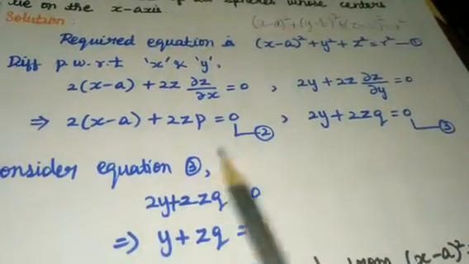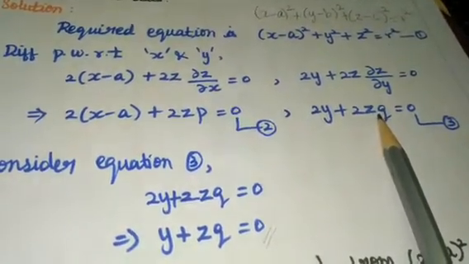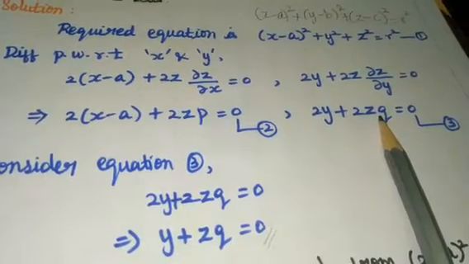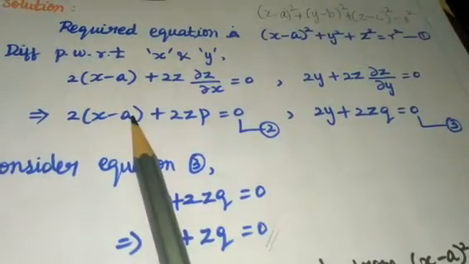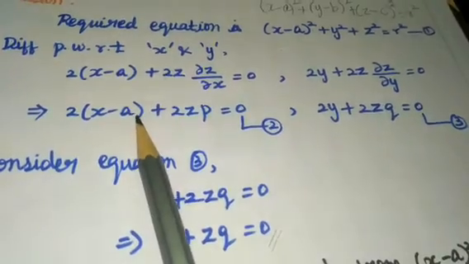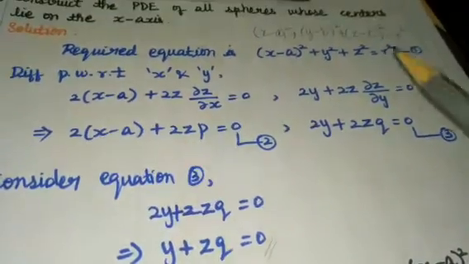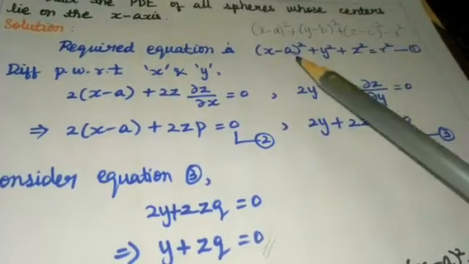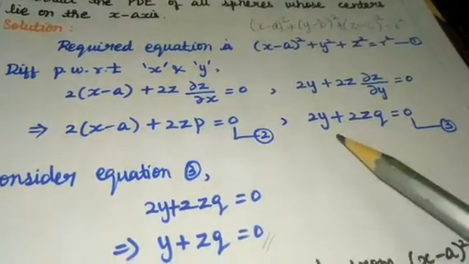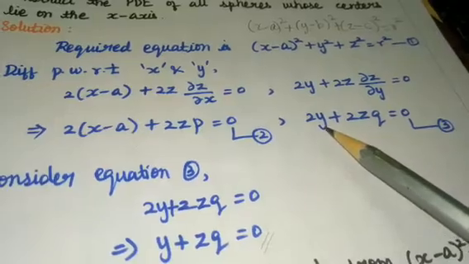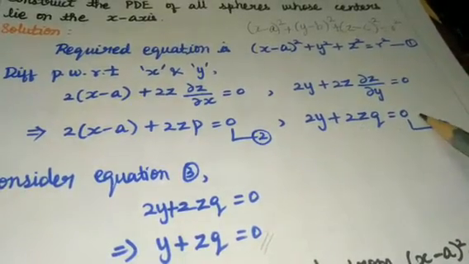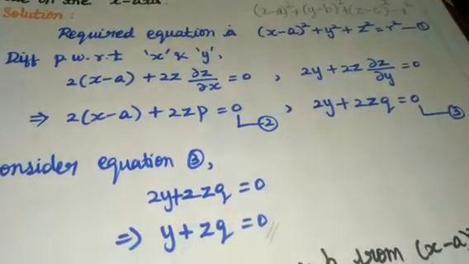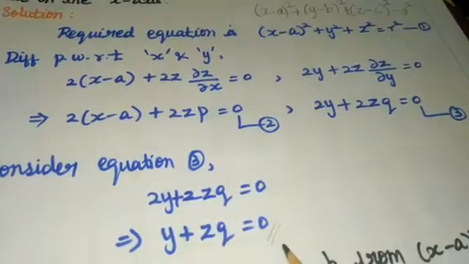If we solve these two equations, we can't get the PDE because a is still there. To eliminate the arbitrary constants, here a and r, we just consider this equation only. So 2y plus 2zq is equal to 0, and from this we get y plus zq equal to 0. This is the required PDE.